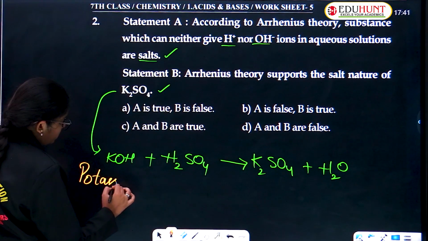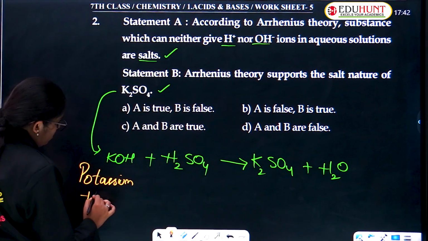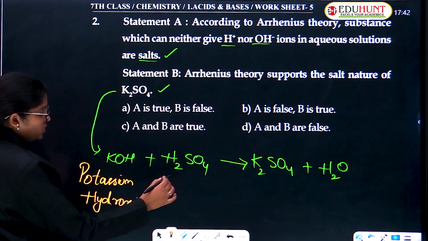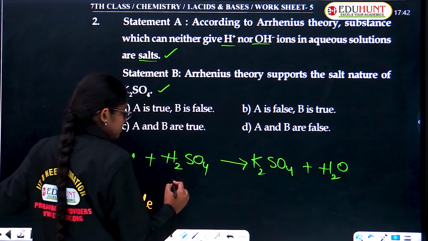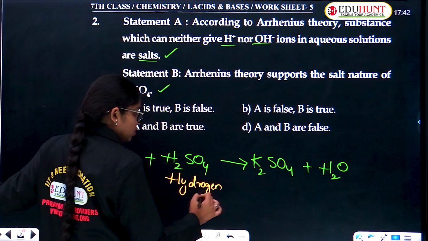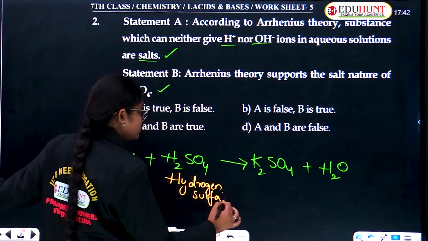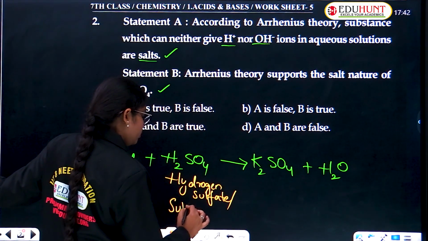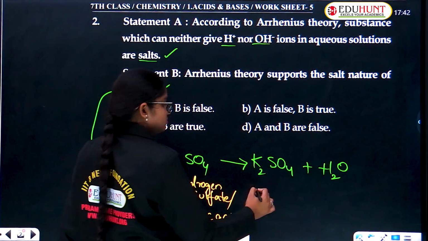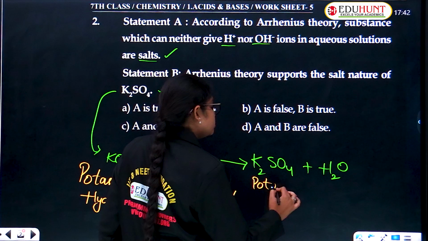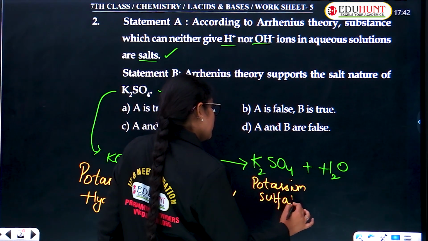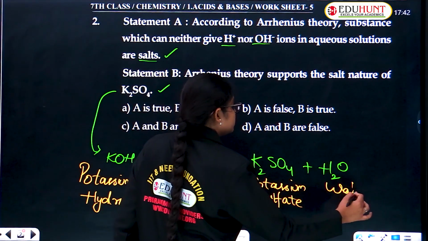KOH is named potassium hydroxide, and H2SO4 is, what is that? Hydrogen sulfate, also called which acid? Sulfuric acid. Very good. It liberates potassium sulfate and water molecule respectively.